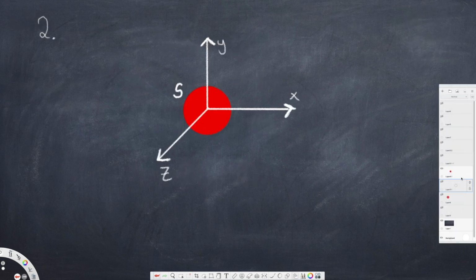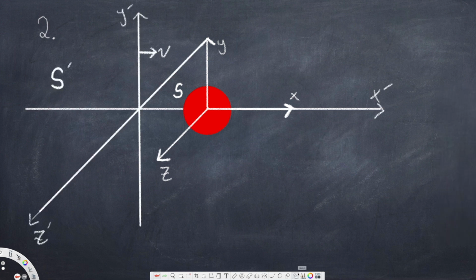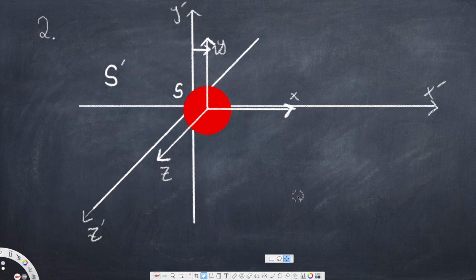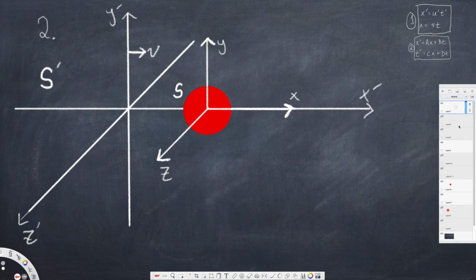2. If the object were fixed at the origin of frame S, it would have a velocity of negative v according to someone in the frame S'. So the equations 1 become X' equals negative vt', and x equals 0.